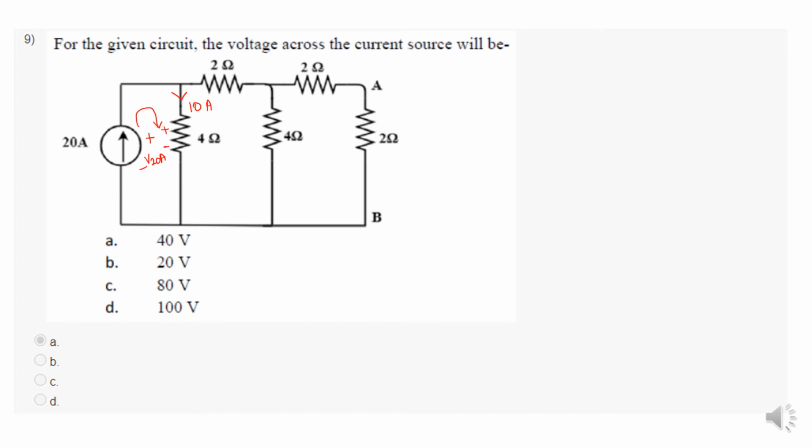Okay, now I am going to apply Kirchhoff's voltage law for this loop. So V20 ohm minus 40 equal to 0. So V20 ohm equal to 40 volt is the correct answer. So option A is correct.